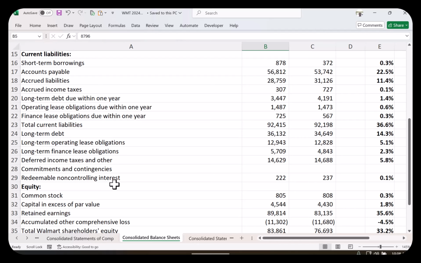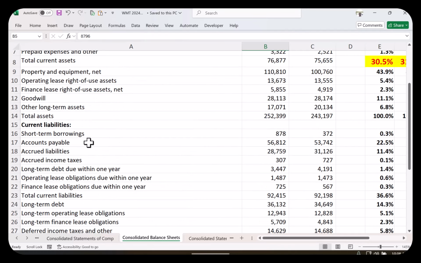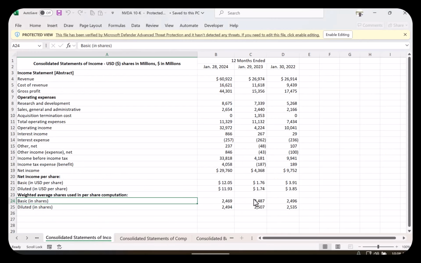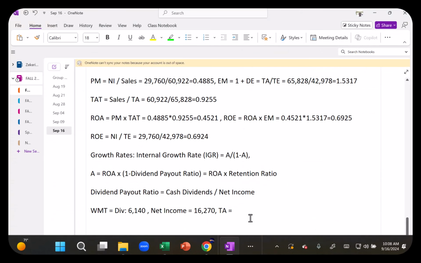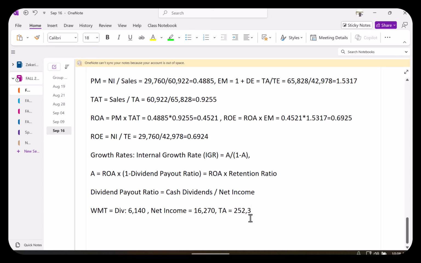Total assets are 252,399. Okay, so dividend payout ratio is 6140 divided by 16270.